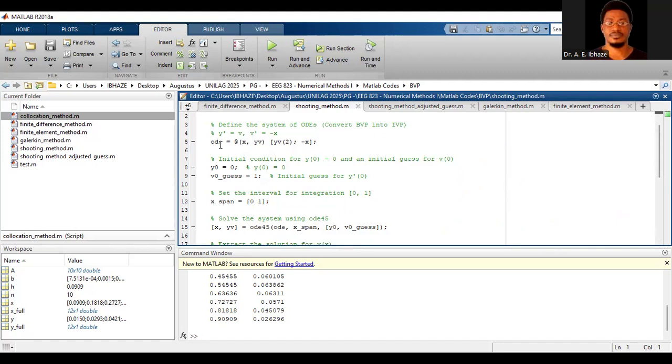So having converted to the initial value problem, then we describe the functions, then we specify the initial conditions and our initial guess. But the bottom line is, should the initial guess not give us the expected outcome, then we'll have to guess again. But in this case, we'll have to adjust the MATLAB iterative process so as to arrive at an approximate value.